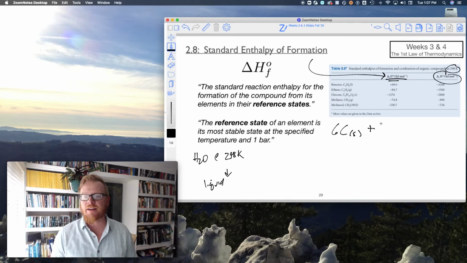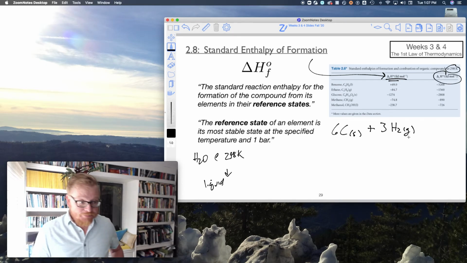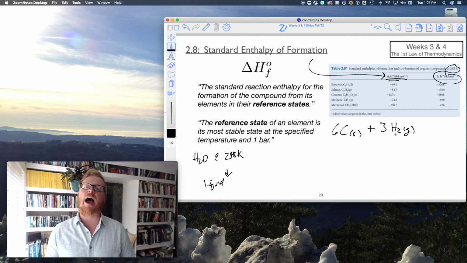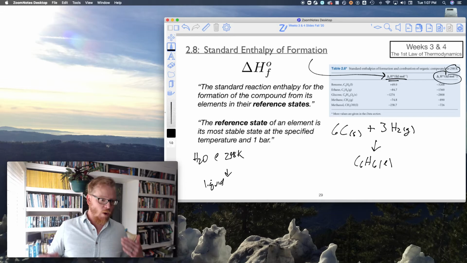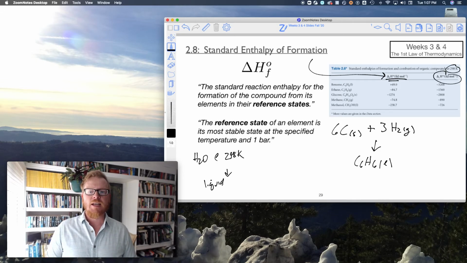Plus, I'm going to need 3 H2 gases, because the most stable state of hydrogen at 298 K and 1 bar is a gas. And when I react those together, that's going to make C6H6 liquid. So this is what we mean by the standard enthalpy of formation.